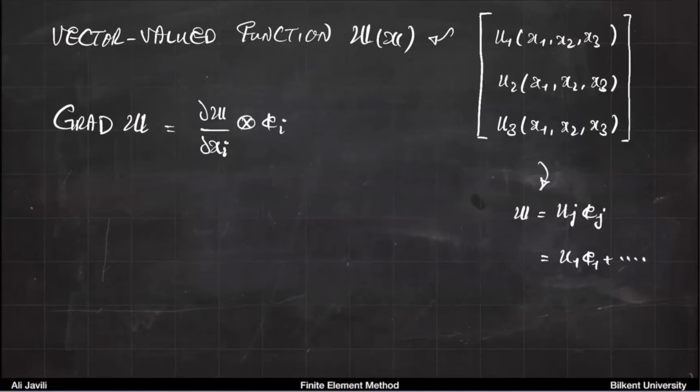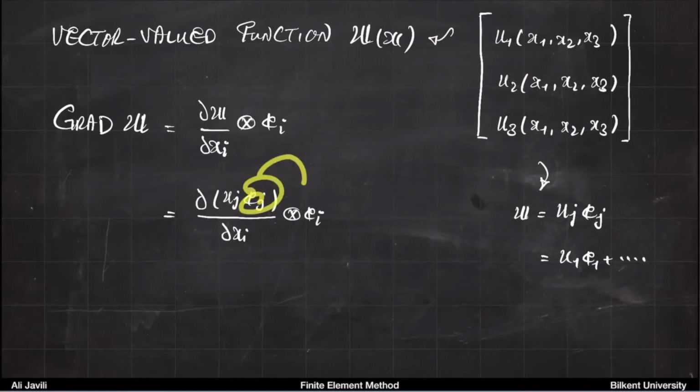So if you just insert that here, you would have the derivative of u_j e_j with respect to x_i, dyadic e_i. Now, e_j is a constant, it comes out.